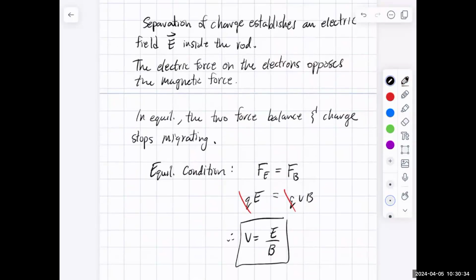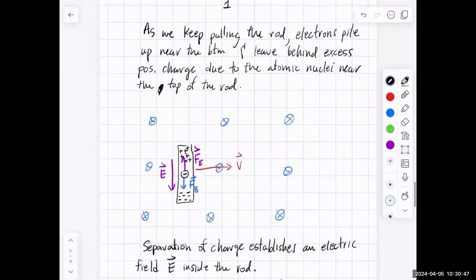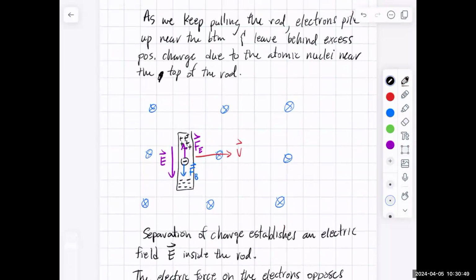Where have we seen that before? It was the velocity selector, right? We shot charges through an electric field of the capacitor with a magnetic field perpendicular. And so we have the exact same sort of thing happening here. I have, in this case, a magnetic field into the screen, an electric field that points down, and a velocity that points to the right. So V, E, and B are all mutually perpendicular, just like they were for the velocity selector.